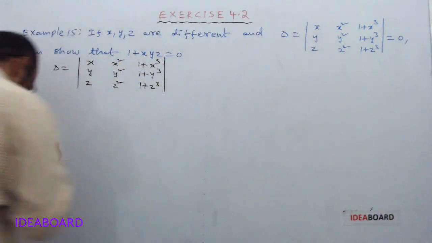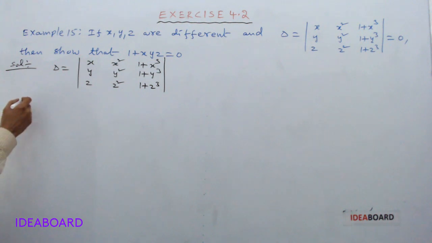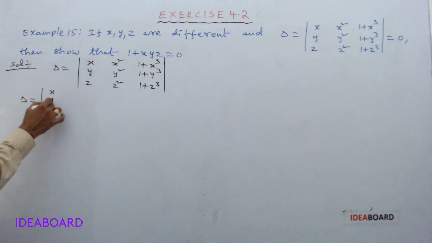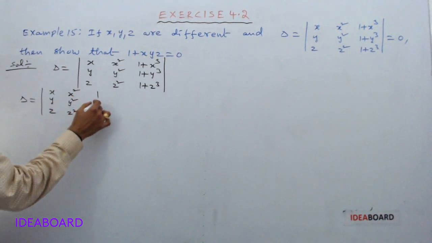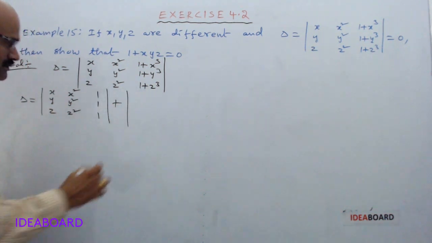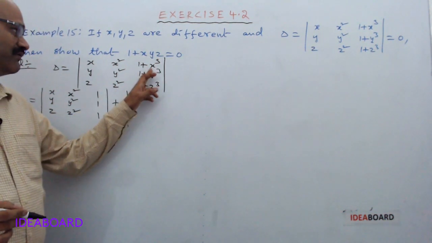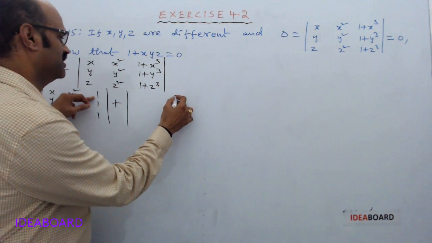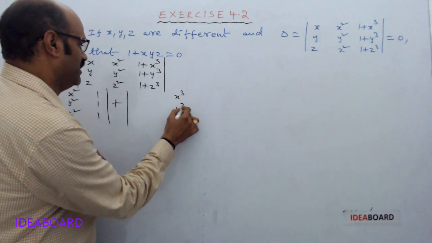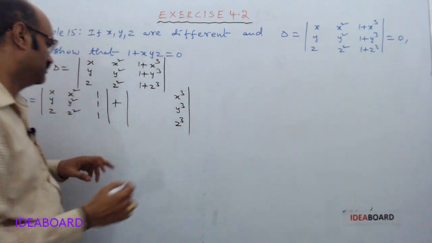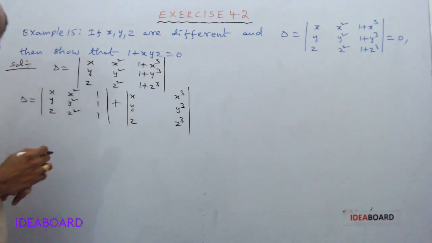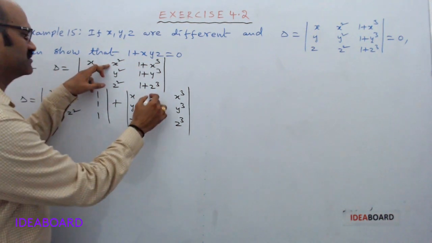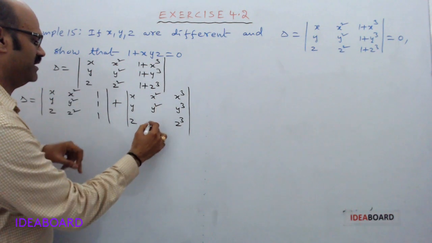So for that we can write delta equal to determinant of x, y, z, x square, y square, z square, 1, 1, 1 plus, here only in the third column you are having 1 plus x cube. So in the third column only we have to change: x cube, y cube, z cube. Here C1 is same, x, y, z, and C2 we are having x square, y square, z square.